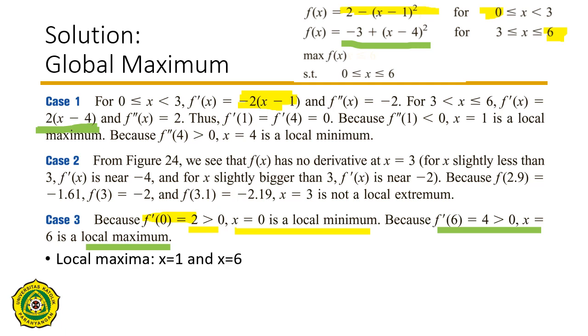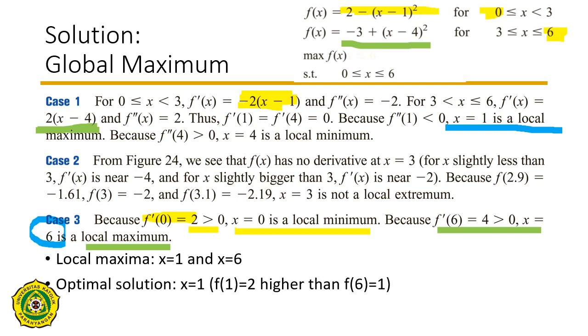Now, because this is a maximization case, we just need to collect the local maxima. Here we have x equals 1 as a local maximum. From case 2, we do not have anything. From case 3, we have x equals 6 as a local maximum. So we have the local maxima x equals 1 and x equals 6. Now we compare which one provides the higher function value.